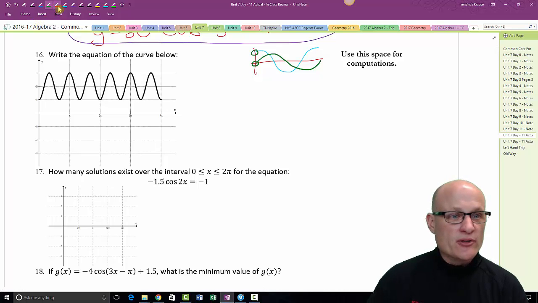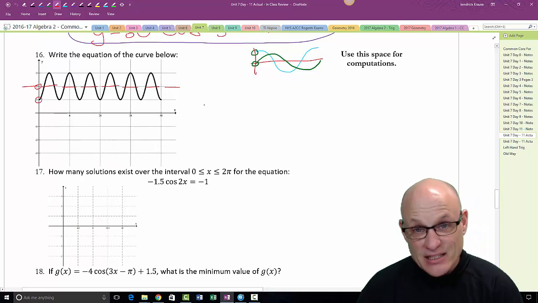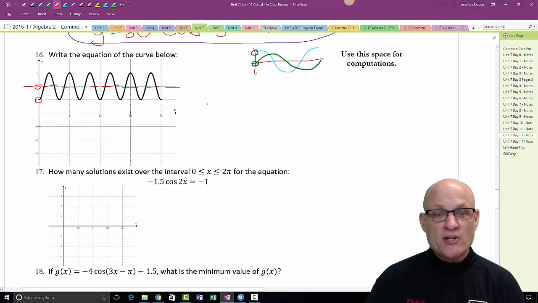The first thing we're going to do is draw in our midline, right down the middle. Did we start here at a 0 or at a minimum? I think it's clear that we started at a minimum, so this makes it a cosine curve. So a cosine bx plus c.